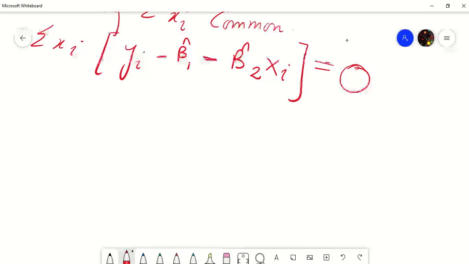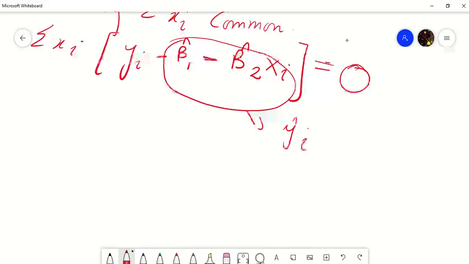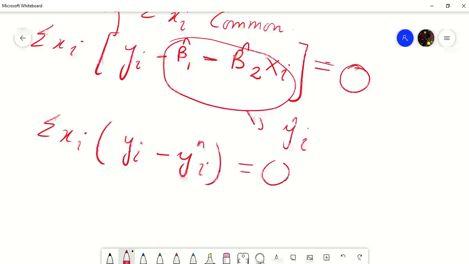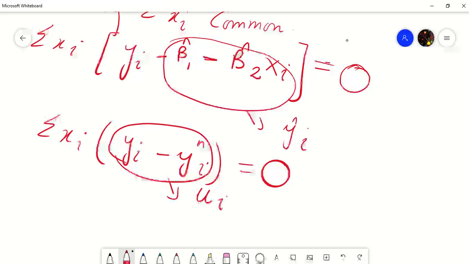Now this term beta 1 hat minus beta 2 hat xi, this is yi hat, so summation xi into yi minus yi hat is equal to 0. Now here yi minus yi hat is equal to mu I hat.